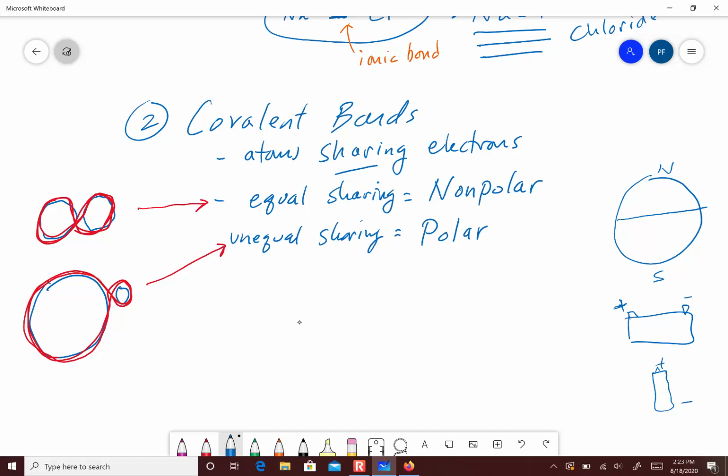So poles are just opposite ends of something. And in this case, it's the opposite ends where these atoms are sharing electrons. And remember, electrons are negative. So that's going to mean that this big atom here is going to be more negative because the electron's there more. And this small one's going to be positive because the electron is there less. Right? So that's unequal versus equal sharing with covalent bonding.